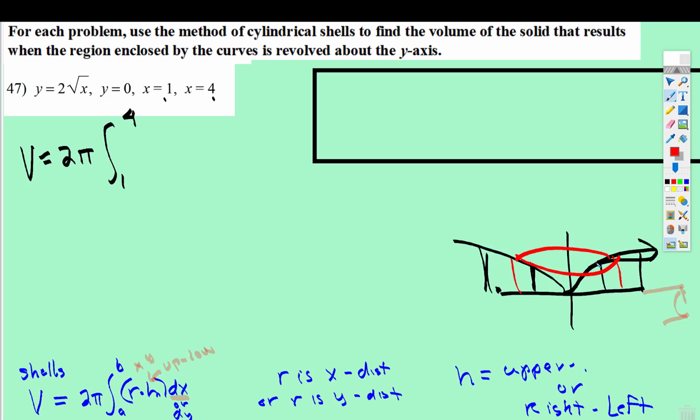The radius is just x. So it's x times the height times the depth. Each cylinder has a depth to it, and that depth right here is just a change in the x's, or the dx, or the delta x. So this is one of the dimensions right there. And now the height is upper subtract lower.